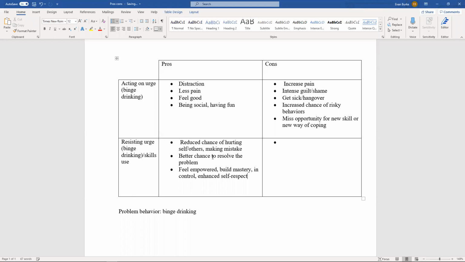You might also just develop a new habit that can lead to more skillful living down the road when confronted with this problem again, or maybe a similar one.